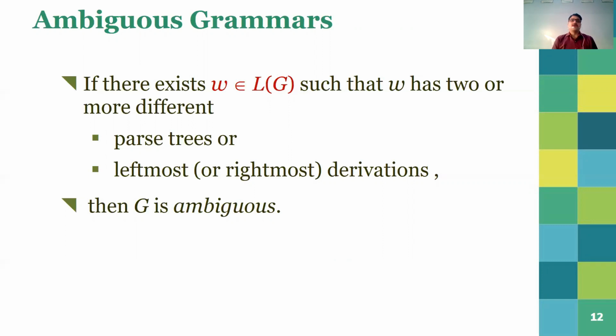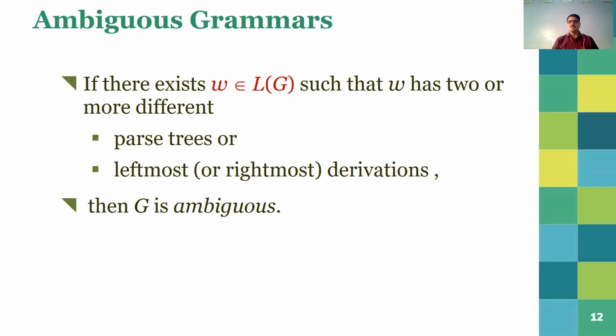If there exists a string W that belongs to the language of the grammar such that W has two or more different parse trees, or W has two or more leftmost derivations, or W has two or more rightmost derivations, then we can say that particular grammar G is ambiguous.